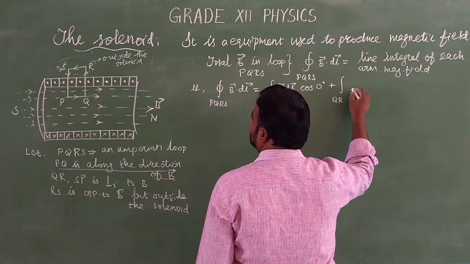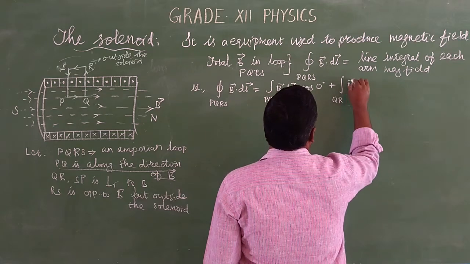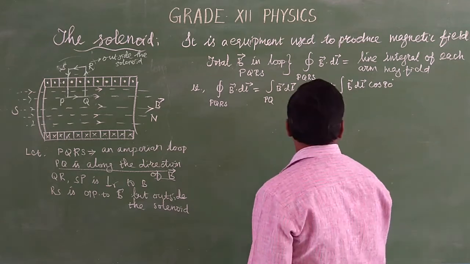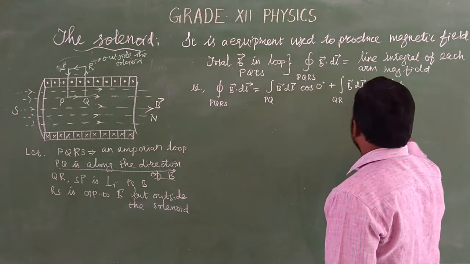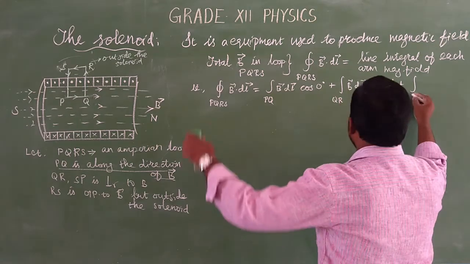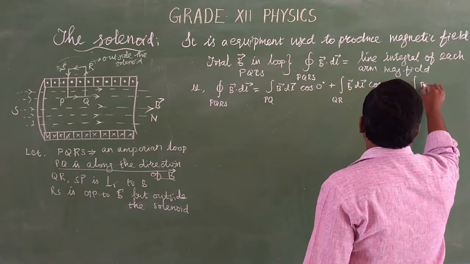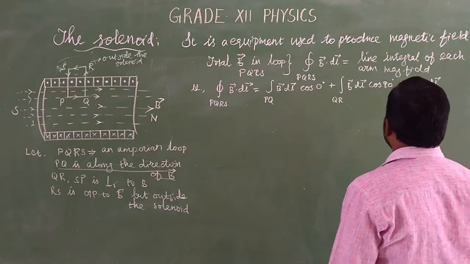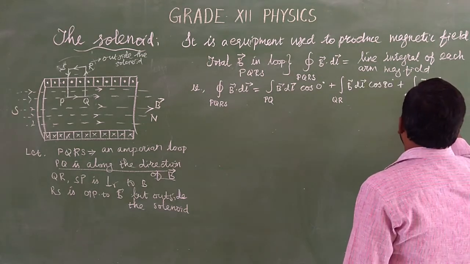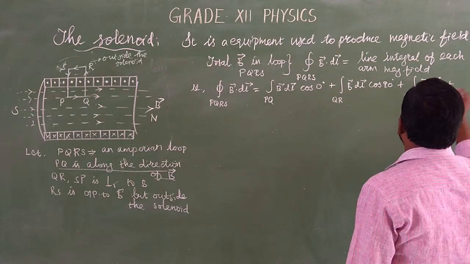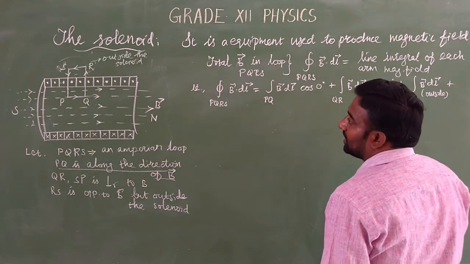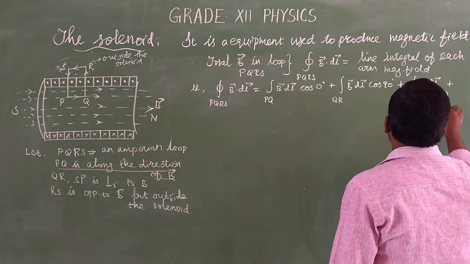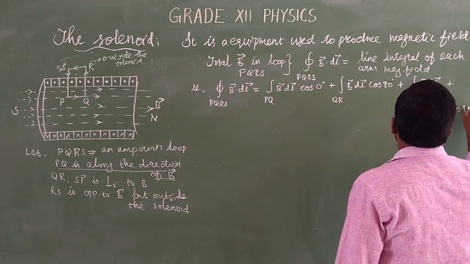QR B vector dl cos 90 degree, plus integral RS B vector dl, but which is outside, this case is outside the loop, plus integral SP B vector dl vector into cos 90 degree.